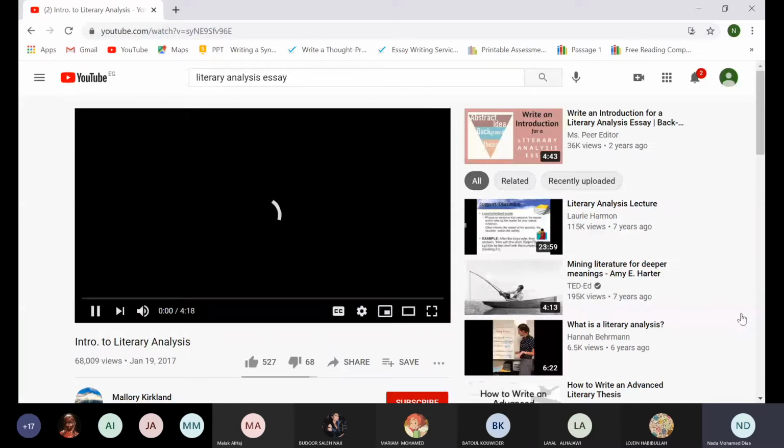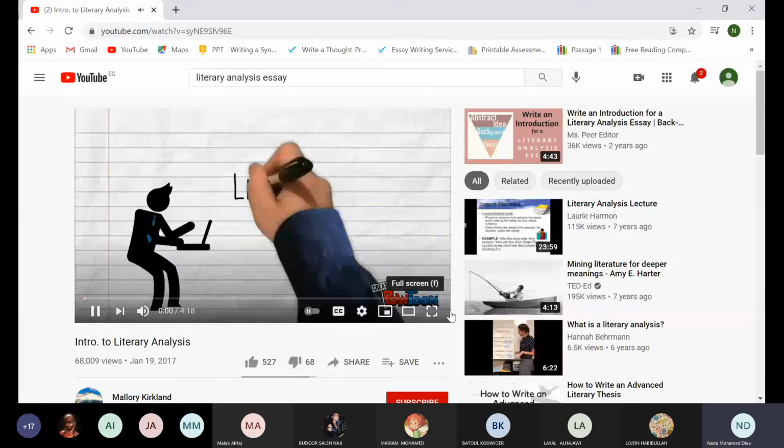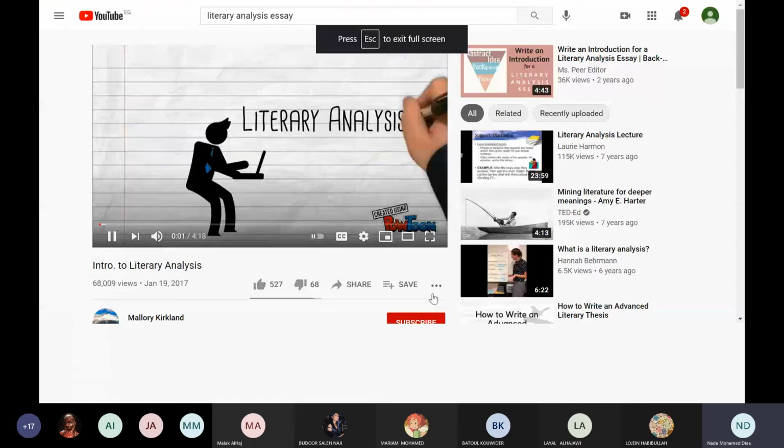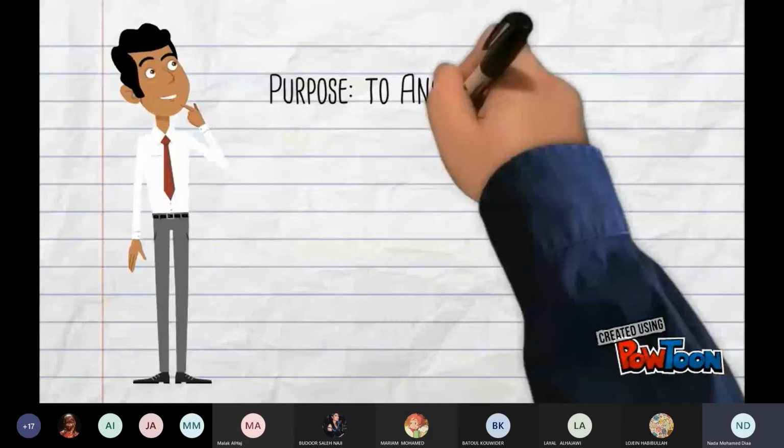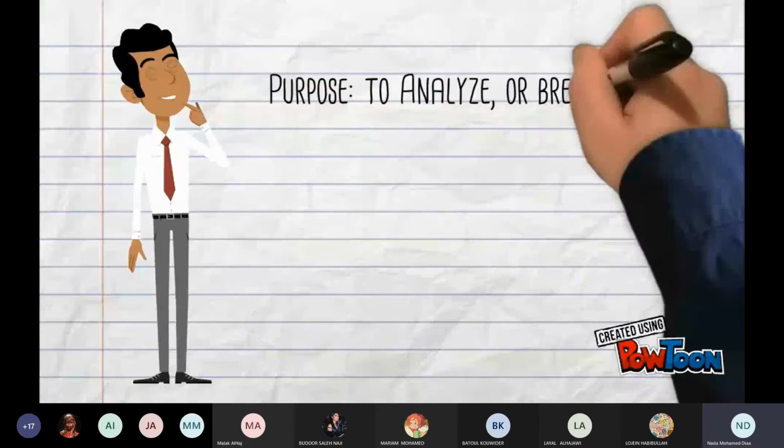Let's break down the literary analysis essay. The literary analysis essay is to analyze or break down some aspect of a work of literature. You might ask yourself something like, how is irony used to create suspense in the text? Or, how does figurative language create the mood of the text?